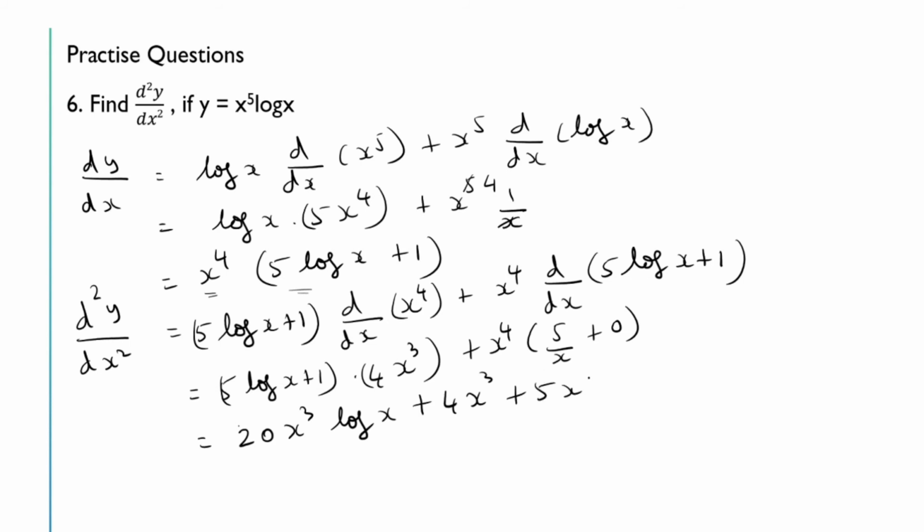So it is 5x cube. Or this is equal to x cube is common, we can take it outside. x cube into (20 log x plus 1) plus 9. So d square y by dx square is equal to x cube into (20 log x plus 9).